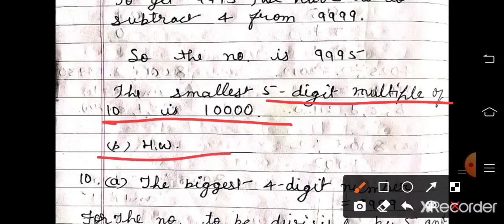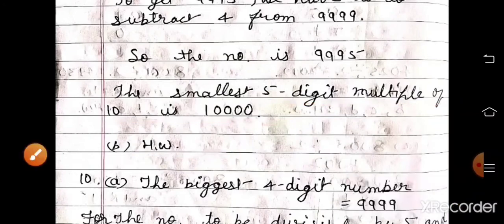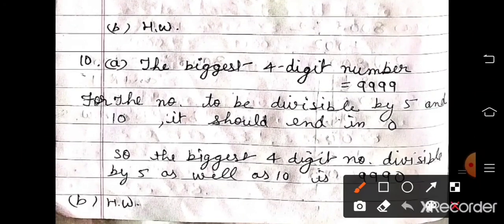Okay, now B part is your homework. Okay, now the question number 10. A part, find the biggest 4-digit number divisible by 5 as well as 10. So first write the biggest 4-digit number is 9999.